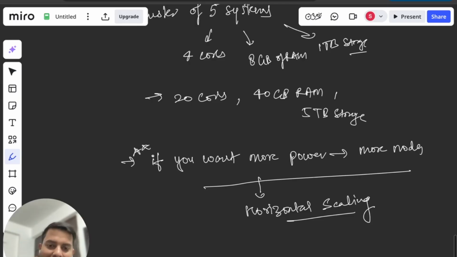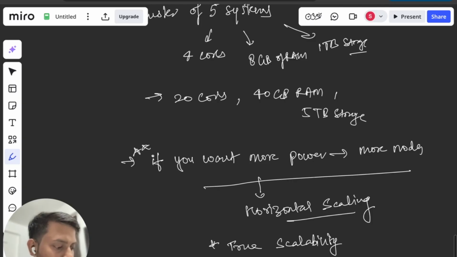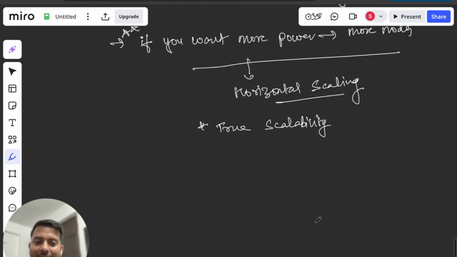That is true scalability. Whenever we talk about scalability, that's why we prefer distributed systems.